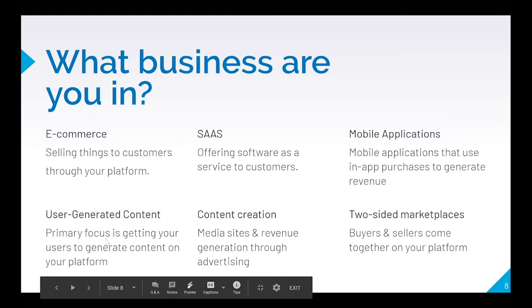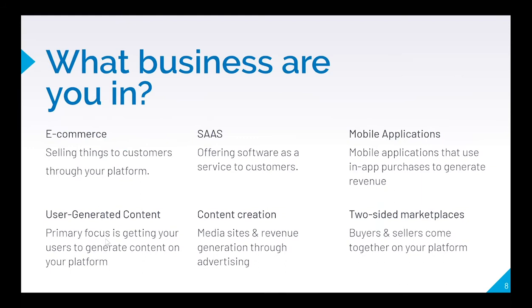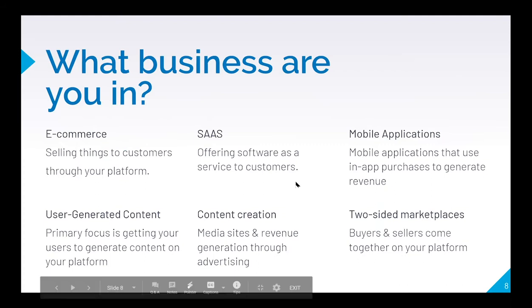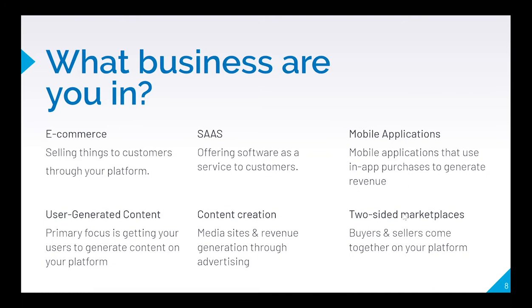This could be the likes of Facebook, Instagram, TikTok, or where you yourself create content and expect people to consume it and you generate revenue through advertising. Or you could have two-sided marketplaces where you bring together buyers and sellers to interact on your platform.